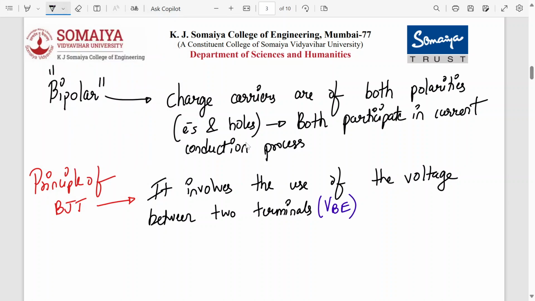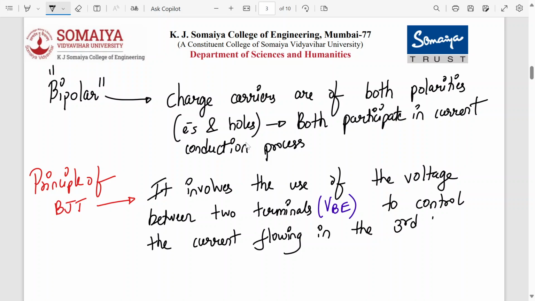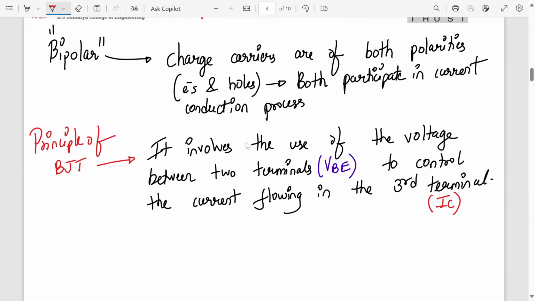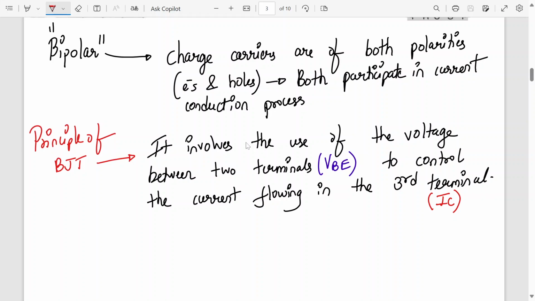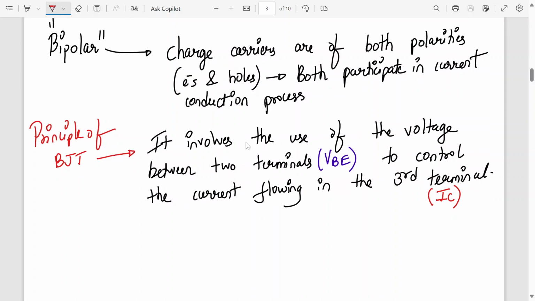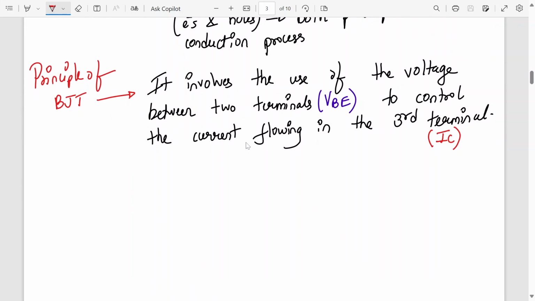So it involves the use of the voltage between two terminals to control the current flowing in the third terminal. The current flowing in the third terminal is IC, that is the collector current. All right, written.